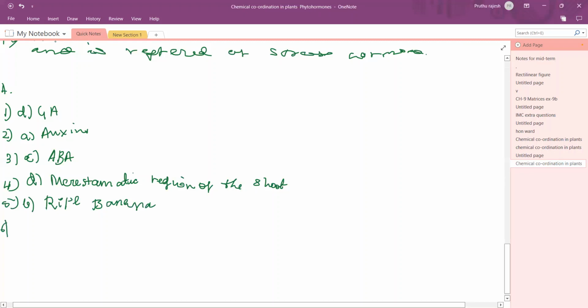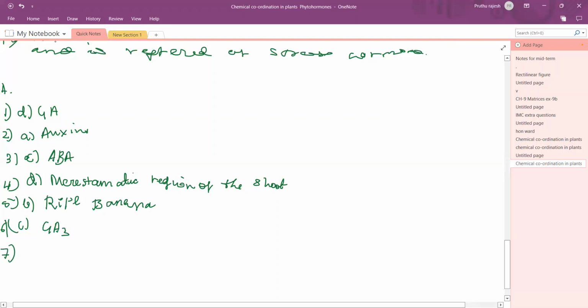Sixth one is about common gibberellins. As we had discussed in the first part, we know that common gibberellin is GA3. Next, seventh question.